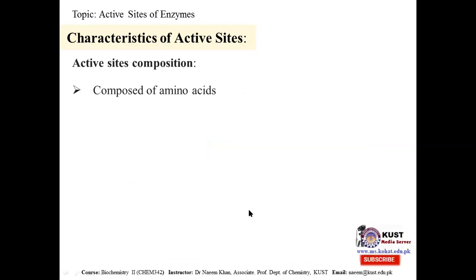Active site composition. As we already mentioned, active sites are composed of amino acids only, because it is part of the apoenzyme of the enzyme. This may be more than one chain of amino acids. It's not important how many amino acids, depending upon the enzyme structure and function.